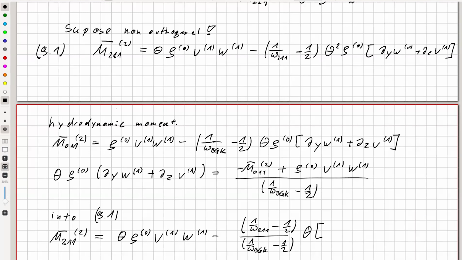Into theta comes minus m011. Actually, we could compensate these two minuses together, but I've not done this, plus rho 0 V1 and W1.